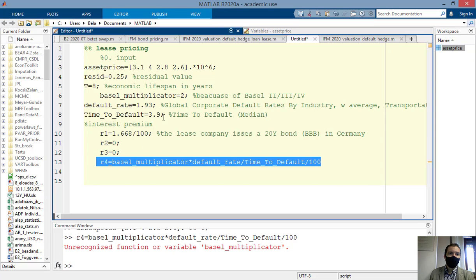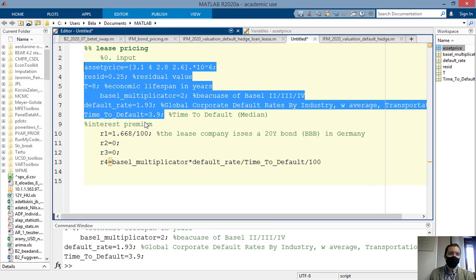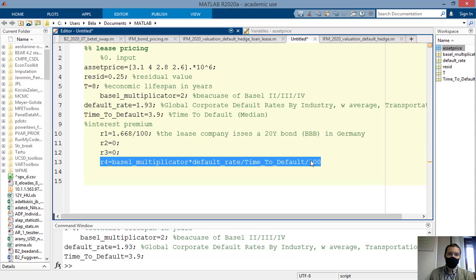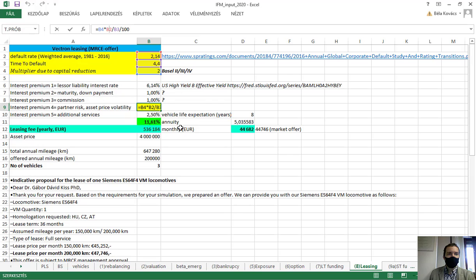Sorry, we don't have the desired inputs yet, but now we will have them. Cool. Then additional services.